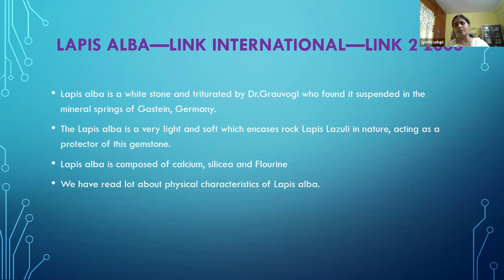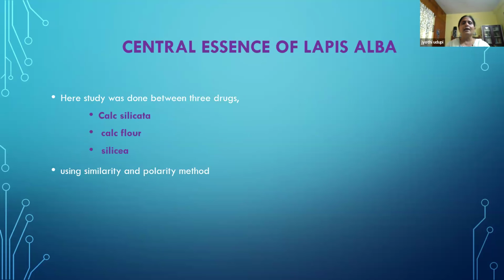We have read a lot about the physical characteristics of Lapis alba. But about its source, when we know the mineral kingdom, Lapis alba belongs to the mineral kingdom. But what it is, when you search, you get so many things. Here, there was a study done between 3 drugs: Calcarea silicata, Calcarea fluorica, and Silicea. Foreigners have a method called the similarity and polarity method, which we are not talking much about.